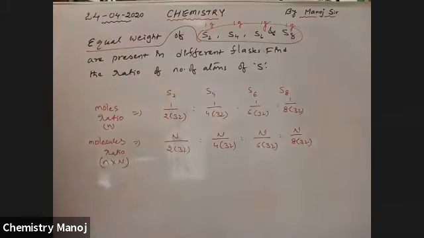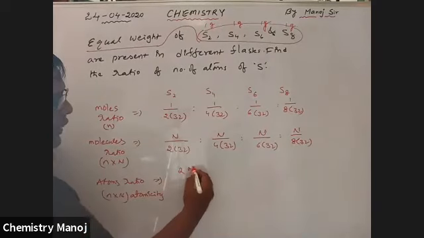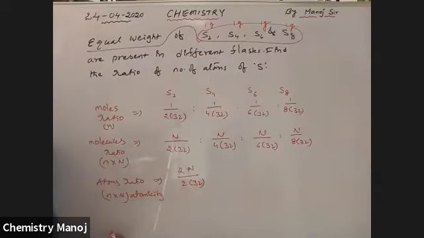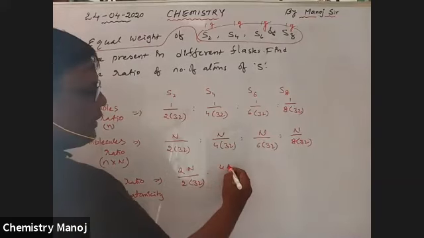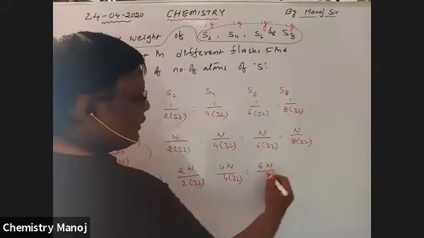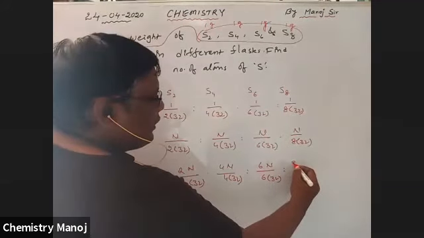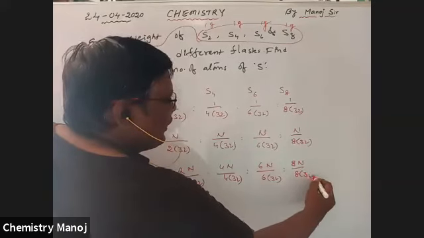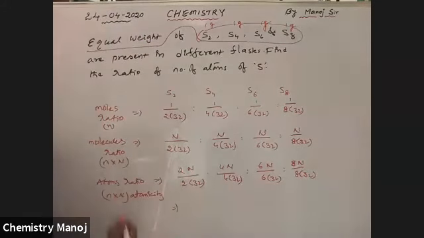These are molecules. Now the atoms ratio. Atoms ratio means small n into capital N into atomicity. Now apply it. Atomicity of S2 is 2. So 2n by 2 into 32 is to 4n by 4 into 32 is to 6n by 6 into 32 is to 8n by 8 into 32. This altogether is the atoms ratio.